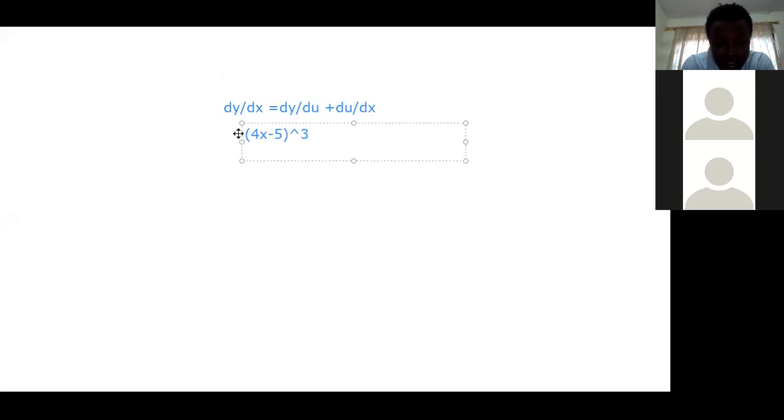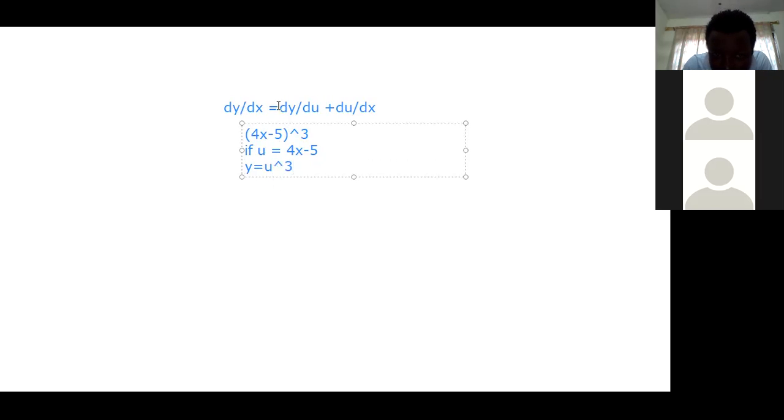So if u is equal to 4x minus 5, then our y, which is the whole function, will become u raised to the power of 3.